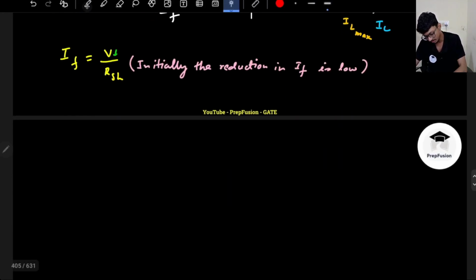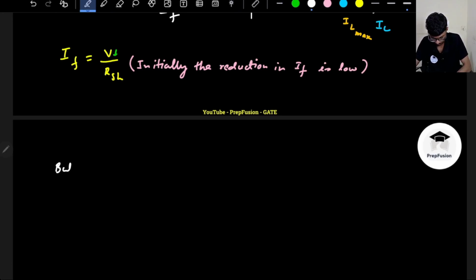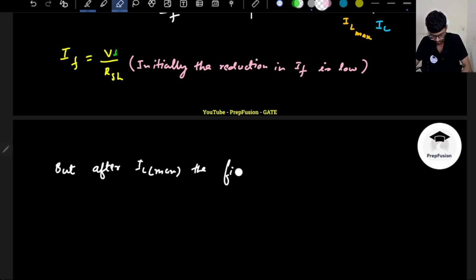But after IL max, the field current reduces sharply.